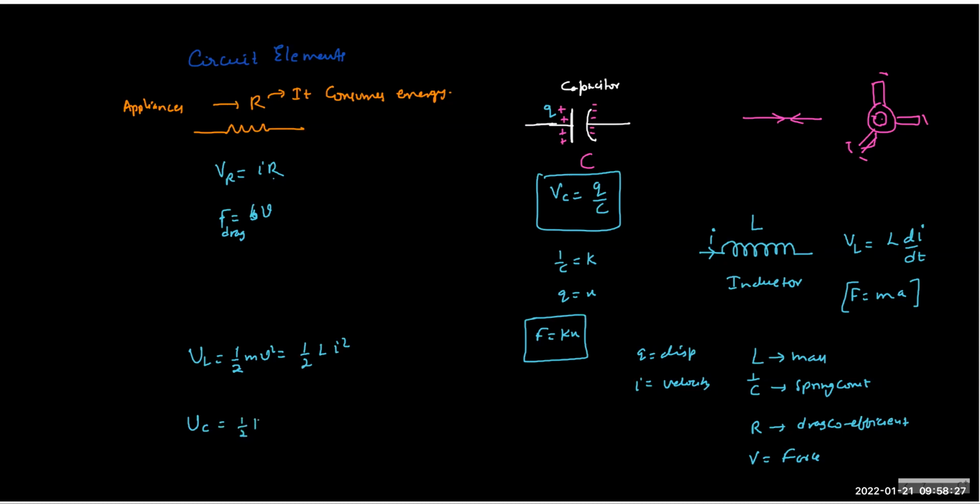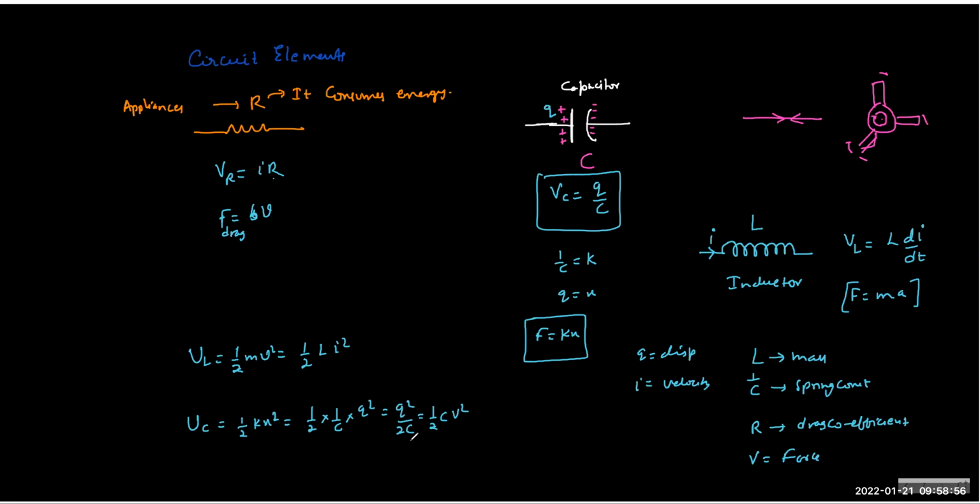Half kx square. So 1 by 2, and k is like 1 by C, and x is Q. You can always convert like this, and this we can also write as half CV square in terms of voltage, since Q by C is the voltage.